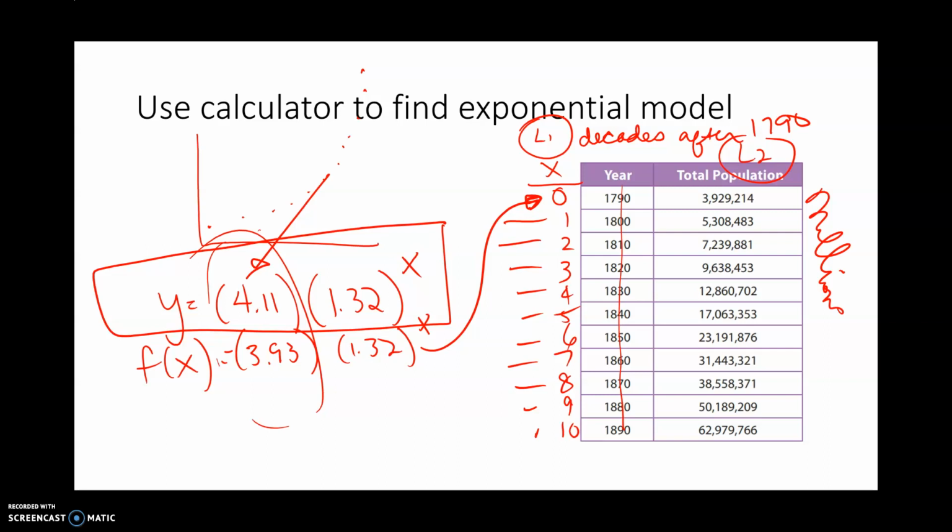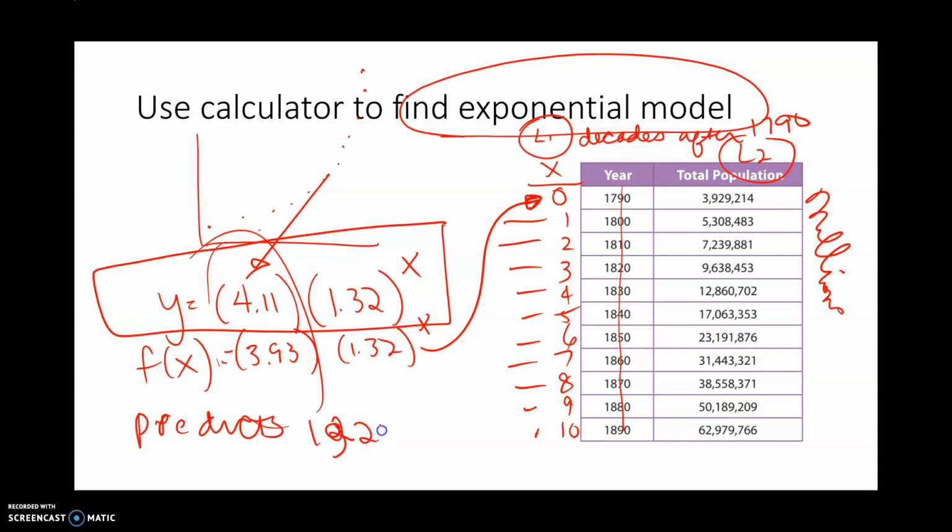Now, we are going to have problems where we're going to use these models to predict. So I could say, find the exponential model that fits this data and predict what the population was in, we'll say, 1920. Well, if I go down here, it's 1900, 1910, 1920, that would be when x is 13.